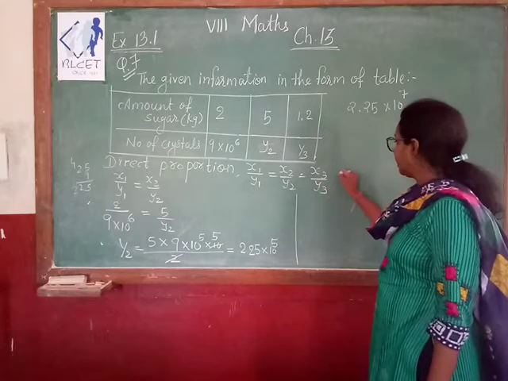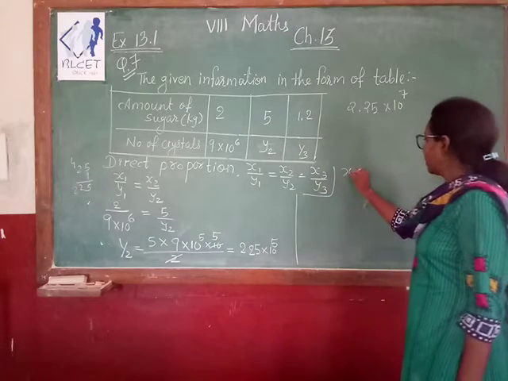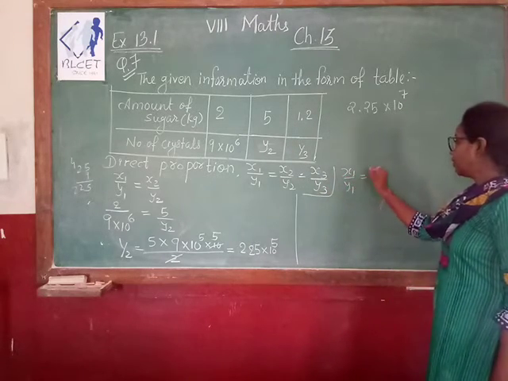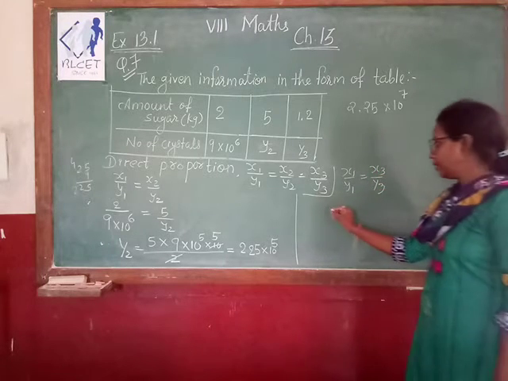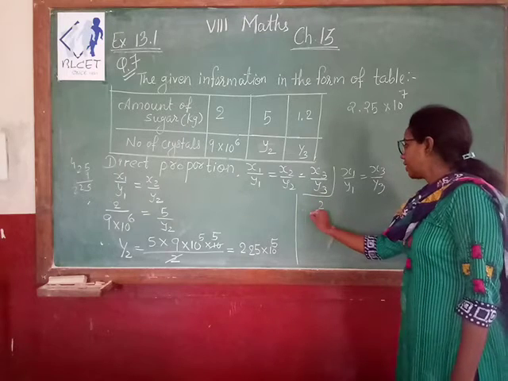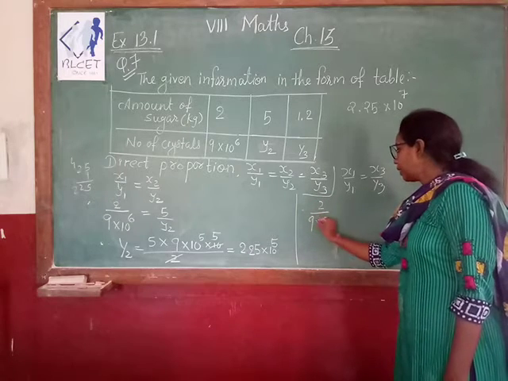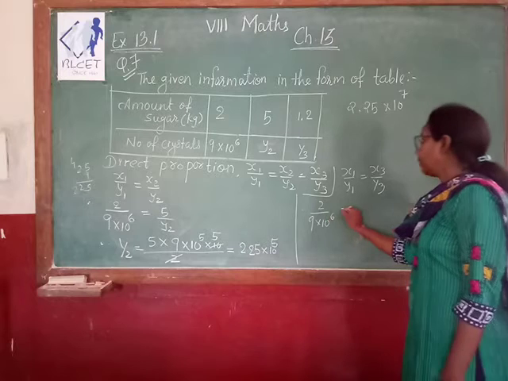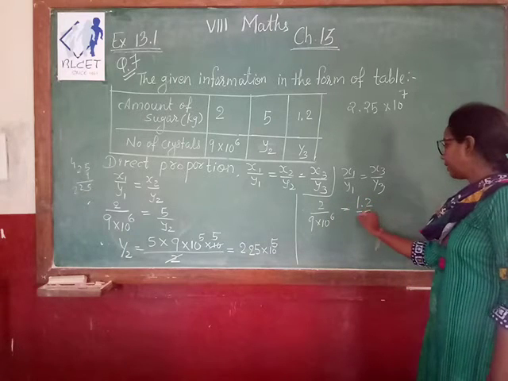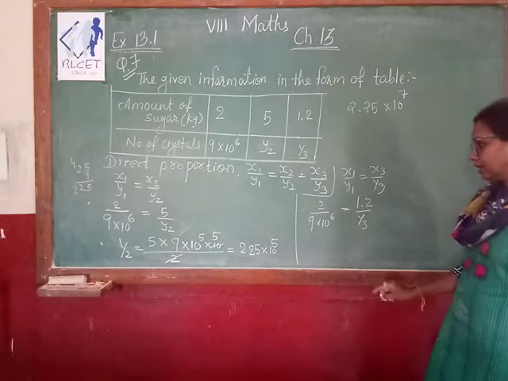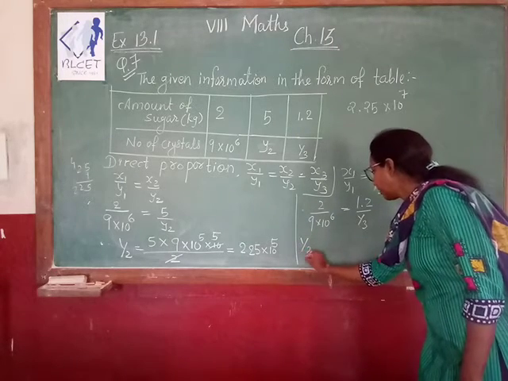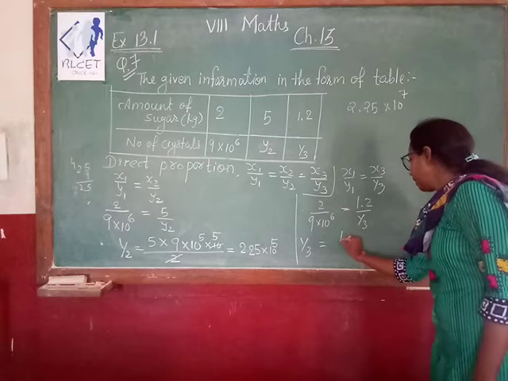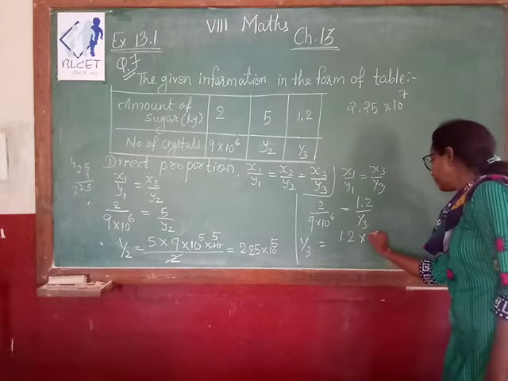Now next we can compare x1 y1 is equal to x3 y3. Again substitute the values. Your x1 is 2 divided by 9 into 10 power 6, is equal to 1.2 divided by y3. Now here we want to find y3. So y3 is equal to 1.2 into 9.